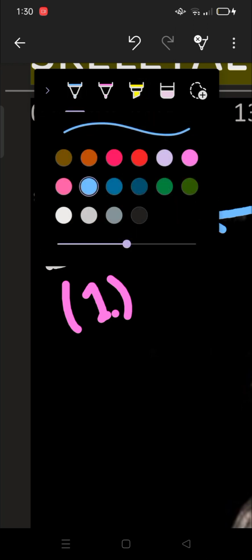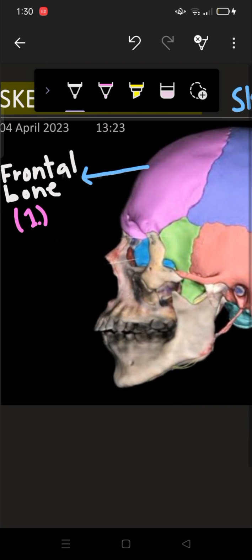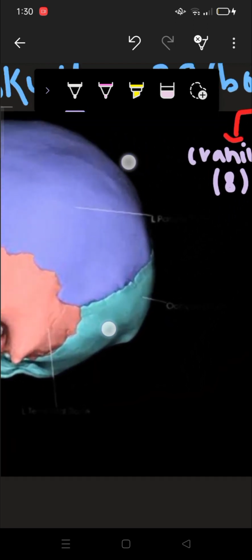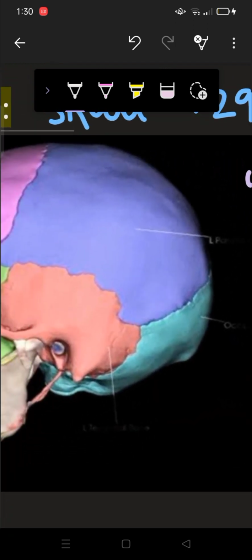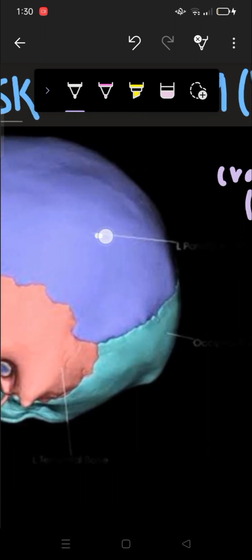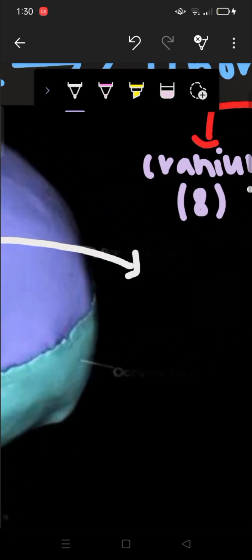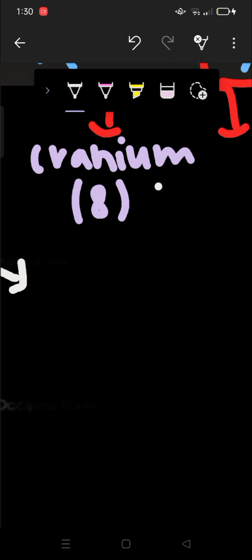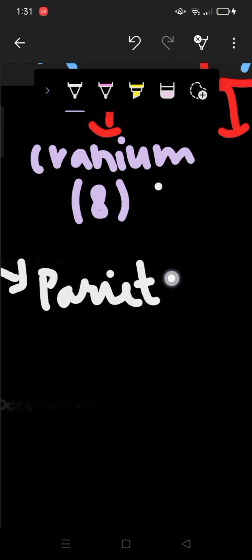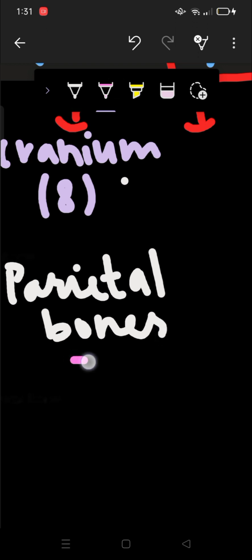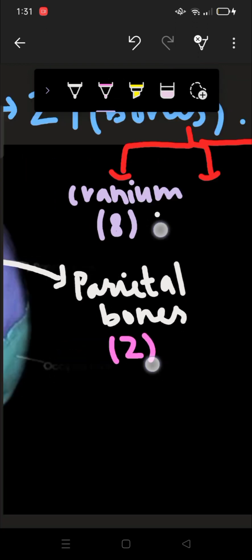Now let me count the second bone of the cranium. As you can see here, the big bone of the cranium is what we call the parietal bone. We have 2 parietal bones, and those are 2 in number, and the frontal bone is 1 in number.